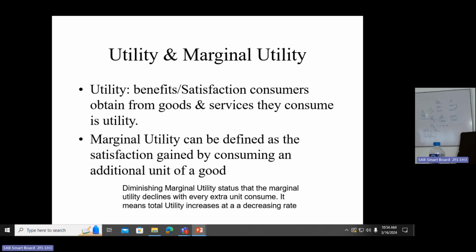If the marginal utility is higher than the price of the product, you get extra satisfaction. Therefore, you buy it, you demand it, right?